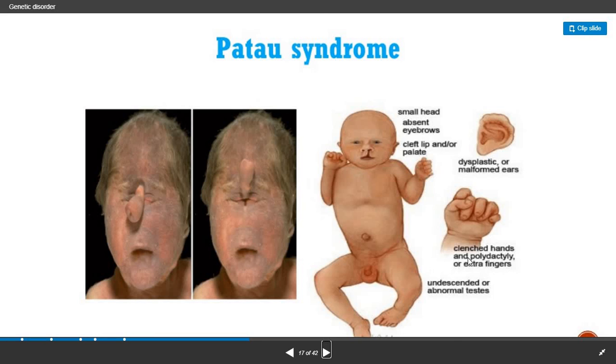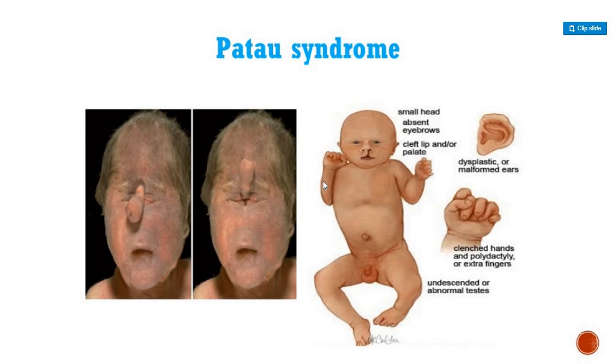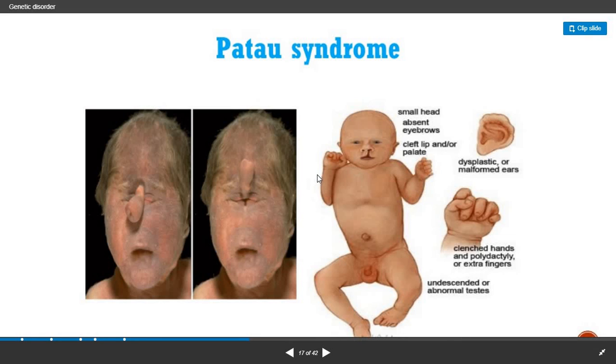Clenched hands and polydactyly, you can count 1, 2, 3, 4, 5, 6, this is the extra. Undescended or abnormal testis, meaning the testis is also not well developed. So these are all the features of Patau syndrome. I hope it is clear to you. That is the first example: trisomy on chromosome 13 is referred to as Patau syndrome.